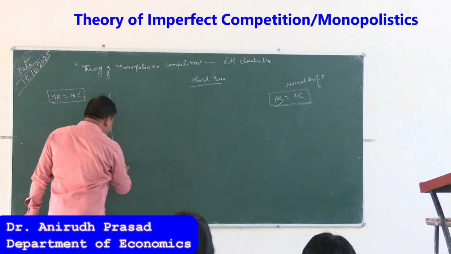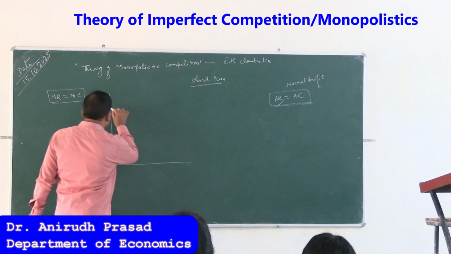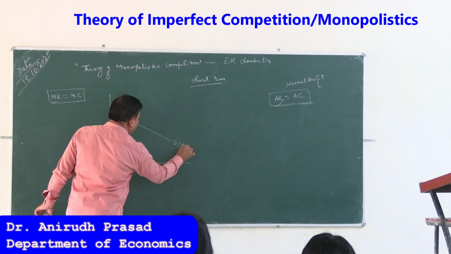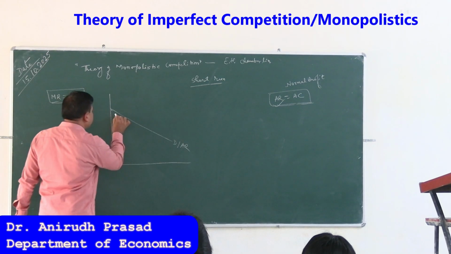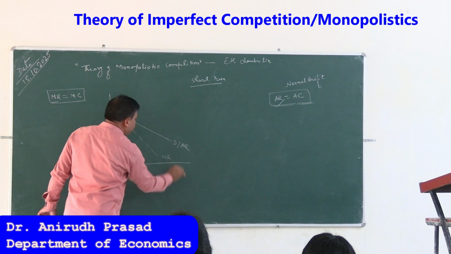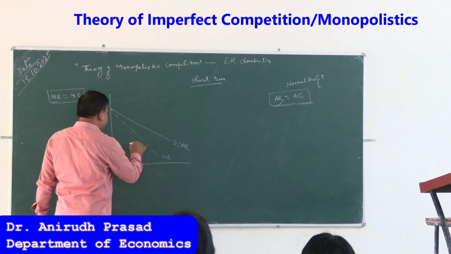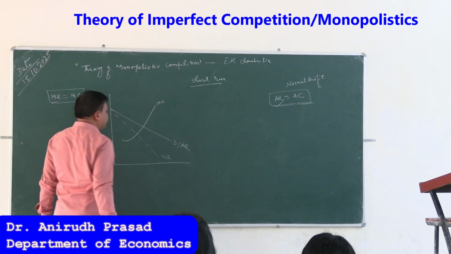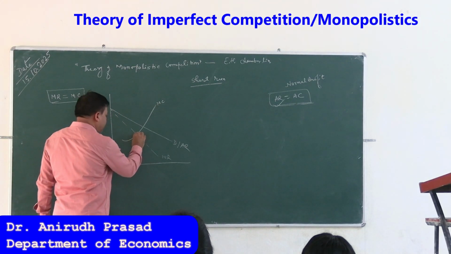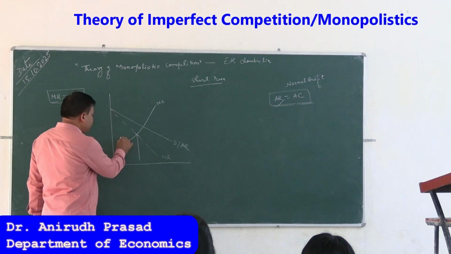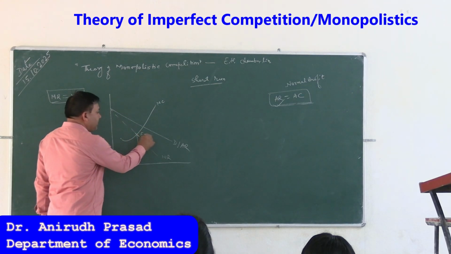The graph will be the same. This is the demand curve or average revenue curve. This is the MR curve, marginal revenue curve. This is the MC curve. Here marginal revenue and marginal cost are equal, so this is the equilibrium point.